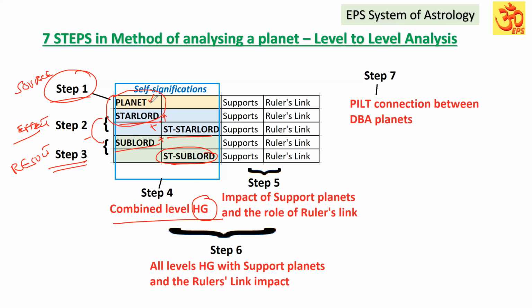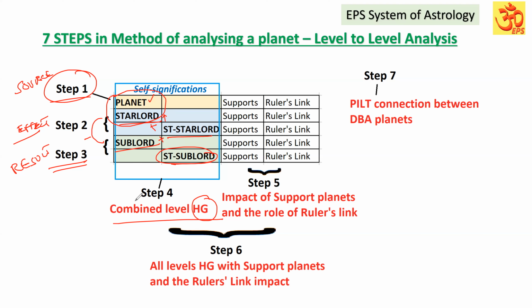If you look at the grouping of the houses involved from the planet to the star lord to the sublord, there may or may not be a good house grouping required for the particular event. So the house grouping chain, favorable or unfavorable, if present, based on that, the overall combined level signification strength also will vary.